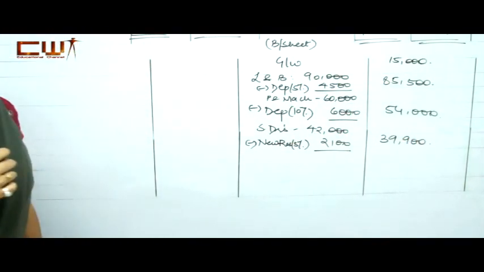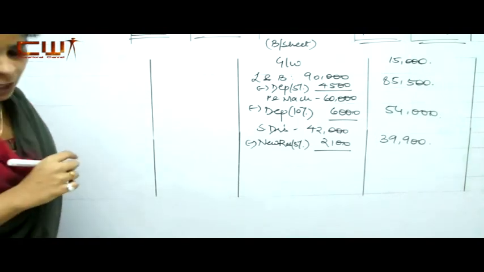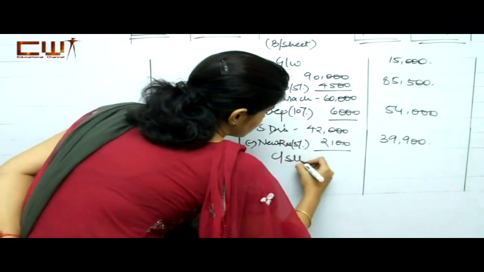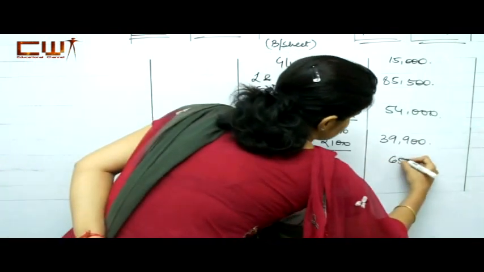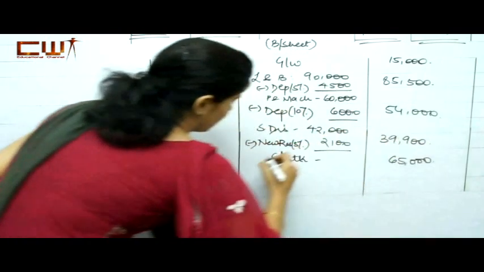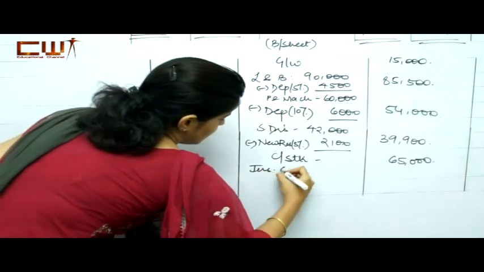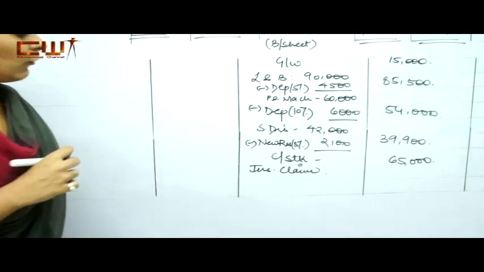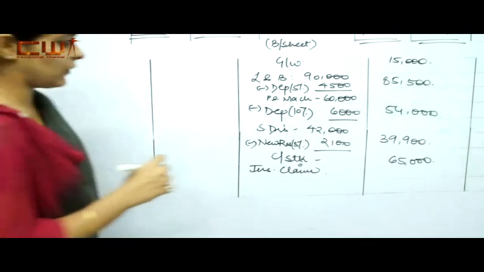39,900, right? What next? You have closing stock, insurance claim and cash in hand. How much is the closing stock given? Closing stock is given as 65,000. Remember the insurance claim calculation? Insurance claim, you had a total loss of 5,000 for which you got 3,500 as the claim.